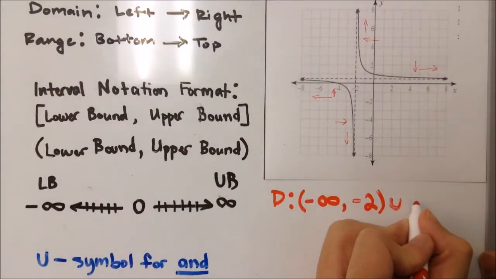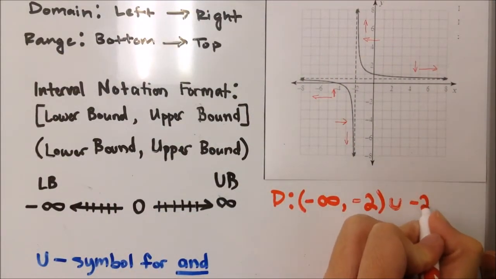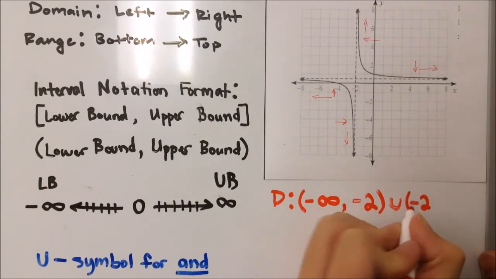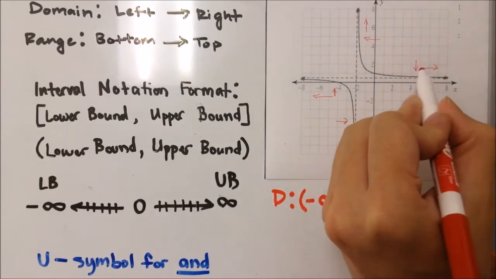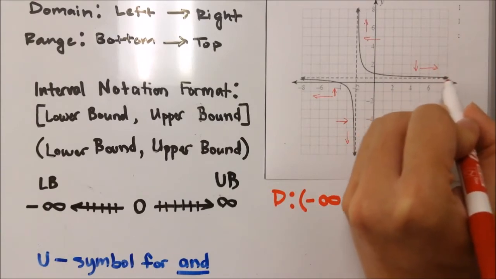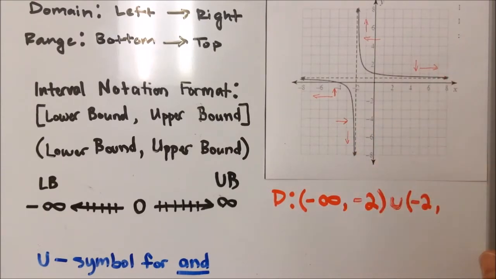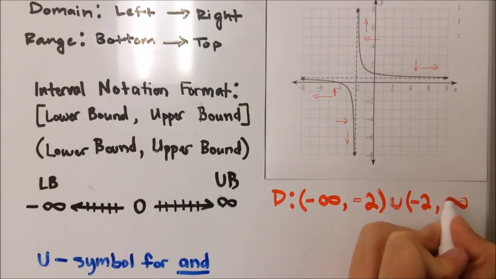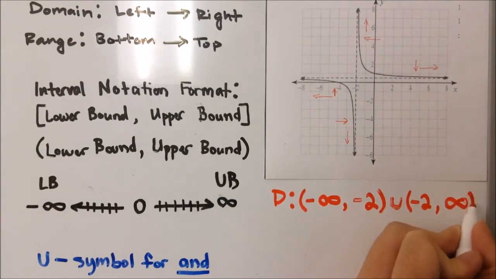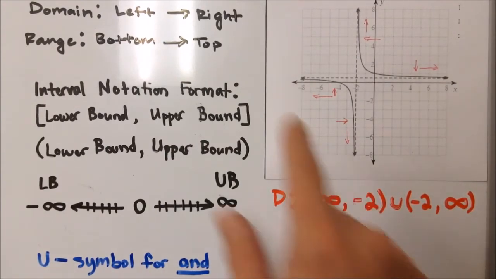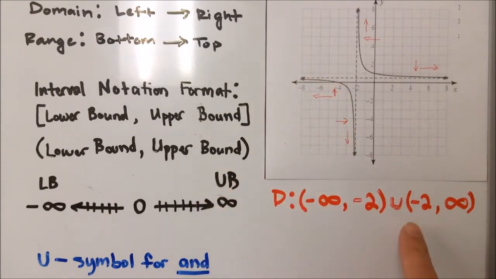So I'm going to write -2 with a parenthesis, and then looking at the right arrow, there's the arrow on that graph function, so continuously to the right, that means it's positive infinity. So a symbol for infinity with parenthesis. So our two domains are negative infinity to -2 for the left function, and -2 to positive infinity for the right function. That's just for domain. Now we have to do range.